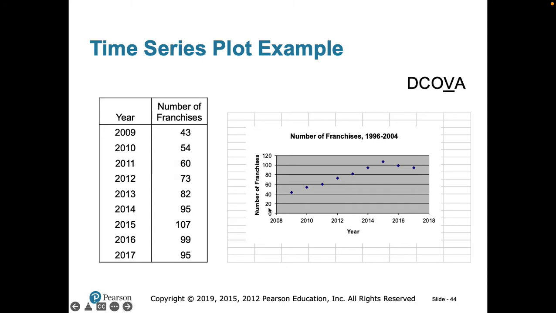So you put your years on the x-axis, and you put the number of franchises on the y-axis. You grab the first one, 2009, and look where 2009 and 43 meet, and that's where you put the dot. Basically it's kind of like a scatter plot, but you use dates, like years, months, or whatever dates you need for the time series.